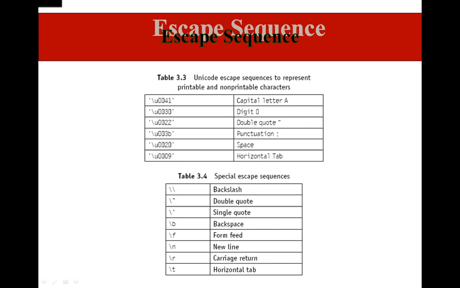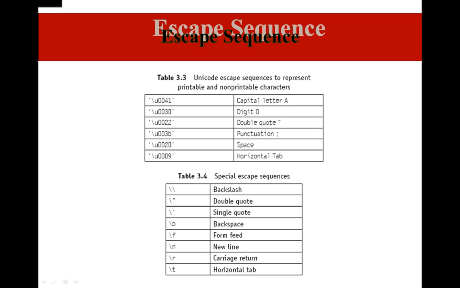When you want backslash, double quote, single quote, backspace, form feed, new line, carriage return, horizontal tab, for all these we have character literals. And of course there are non-printable characters, these escape sequences can be used, and of course these also come under character literals.